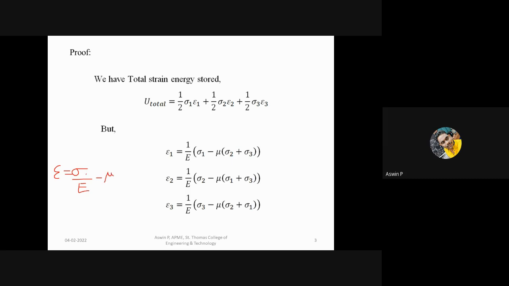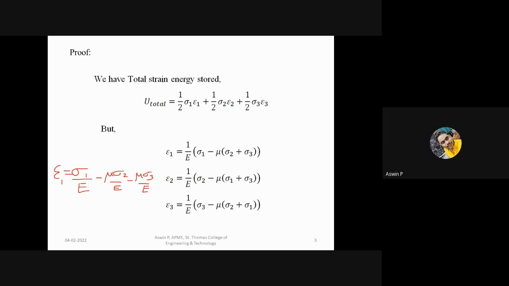That is, if this is sigma 1 by E, then this will become minus mu into sigma 2 divided by E, minus mu into sigma 3 divided by E. This is the basic epsilon equation, so from this equation you need to get all other equations.